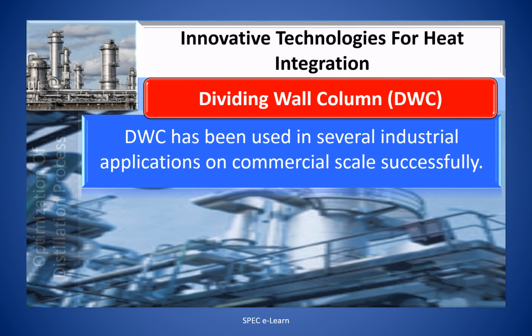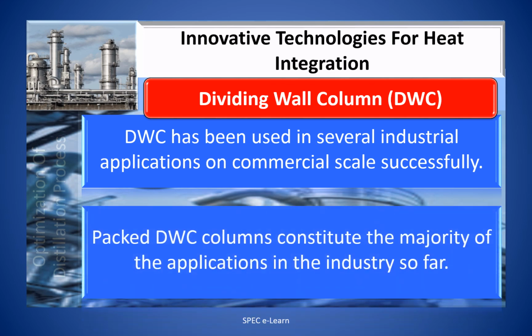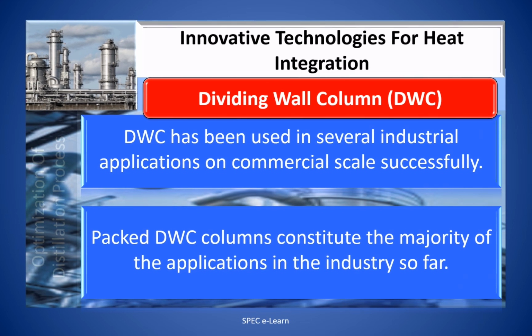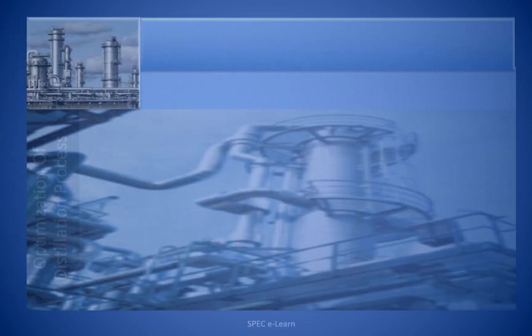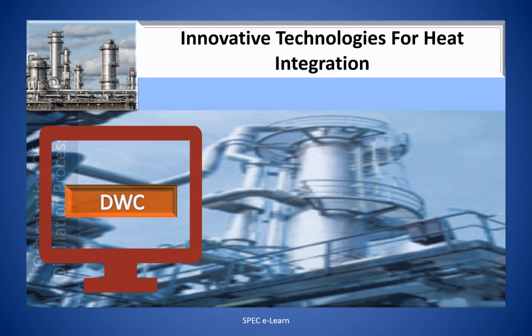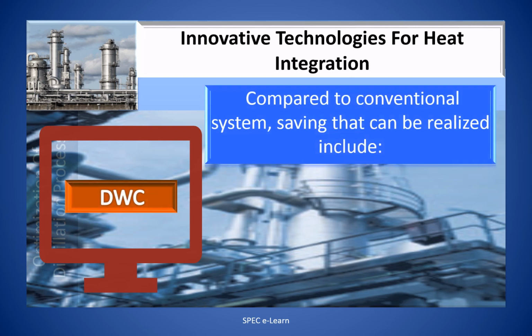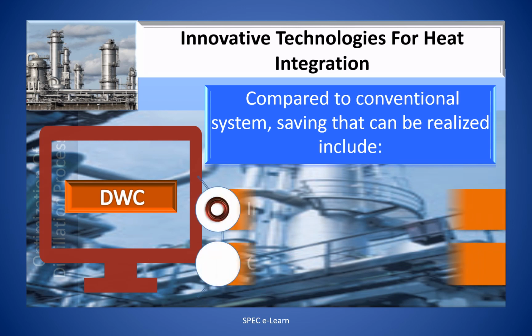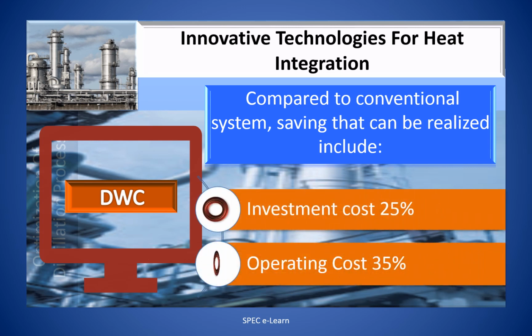DWC has been used in several industrial applications on commercial scale successfully. Packed DWC columns constitute the majority of the applications in the industry so far. Compared to conventional distillation system, savings that can be realized include investment cost less by 25%, operating cost less by 35%.